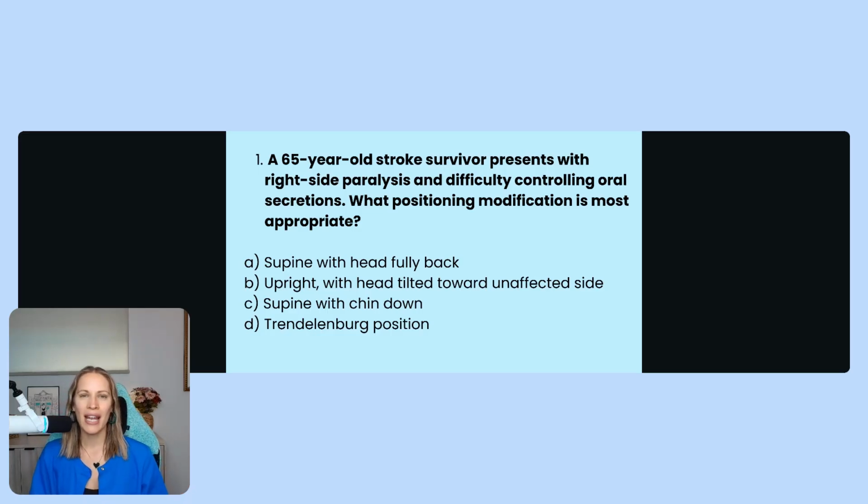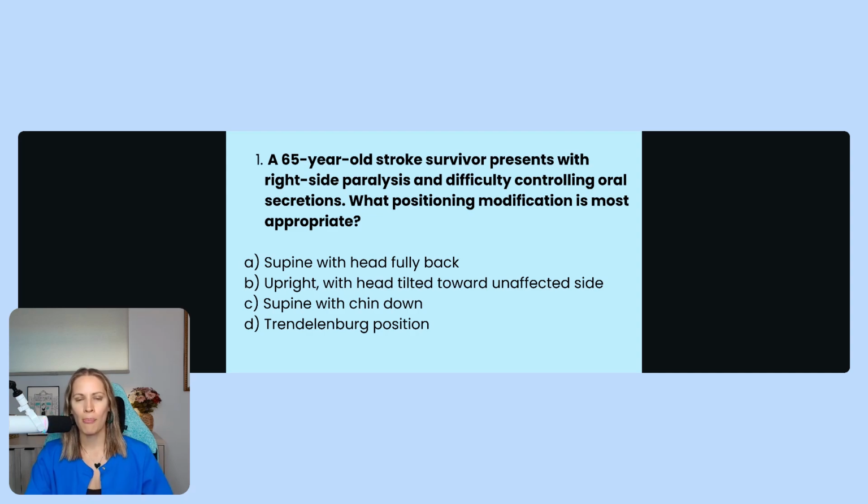So basically, what I tell all of my students in our live classes is I help you with case studies. I help you with critical thinking and really practicing. So I'm going to zone in and say, okay, look at the key parts of the question here. A 65-year-old stroke survivor has right side paralysis, and difficulty controlling oral secretions.